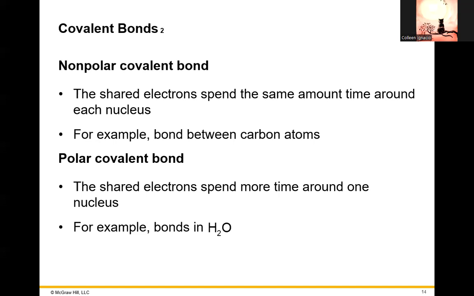An example of this is the bond between carbon atoms, and the symbol for carbon is C. Now, polar covalent bonds occur in water, and that's when those shared electrons spend more time around one nucleus. An example of this is H2O. Two hydrogen for every one oxygen, that forms a polar covalent bond.